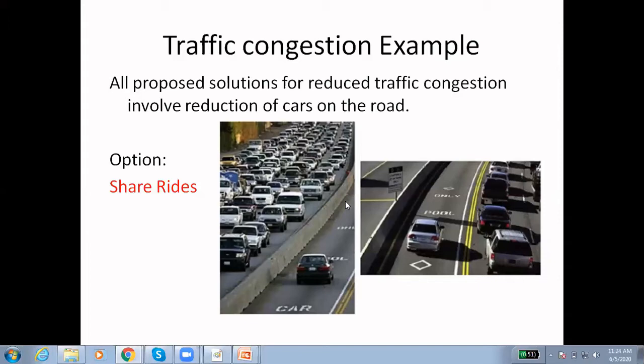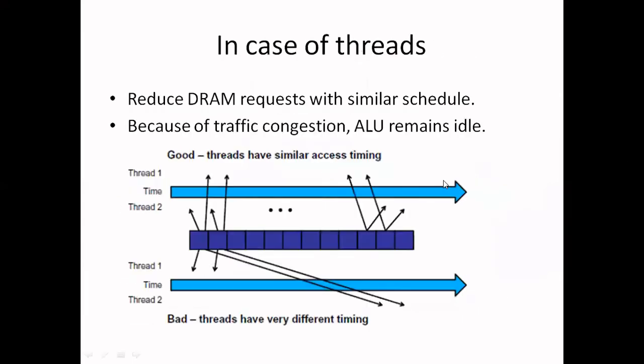You would have heard about carpools or ride sharing, where multiple people join hands and come together in a single car. Now the question is, who can share rides and who cannot?